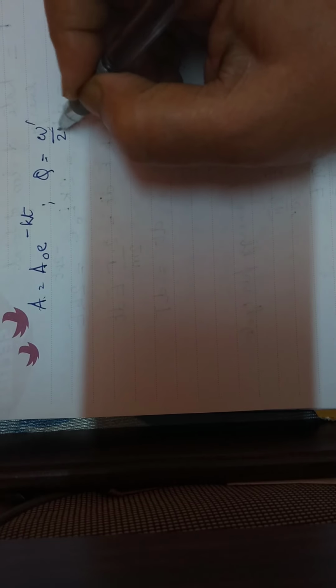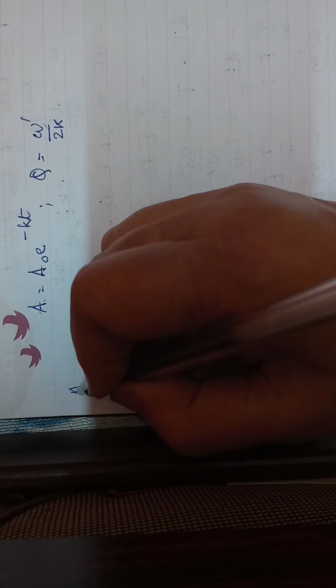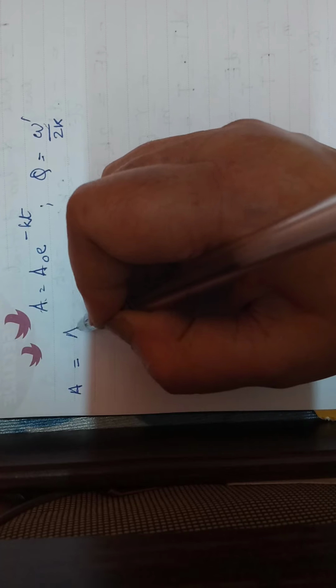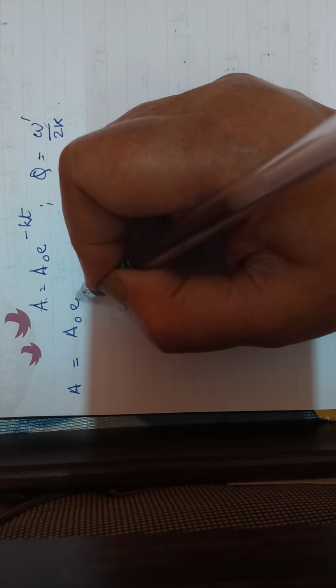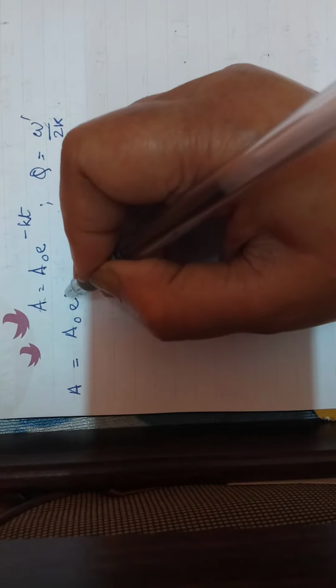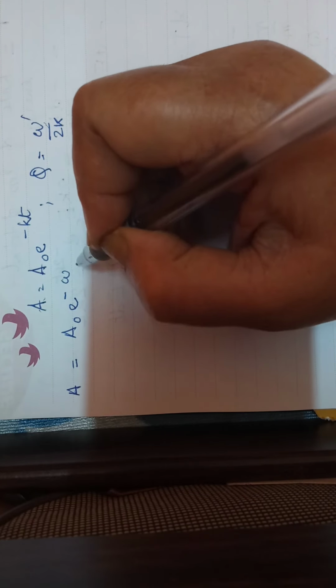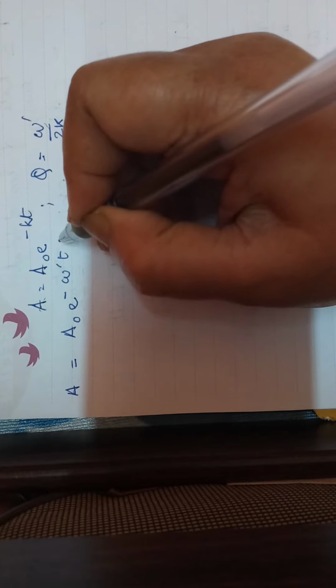Now, since we know that A is equal to A0 e to the power minus kt and Q is equal to omega prime by 2k, therefore, we can write A equal to A0 e to the power minus omega prime t by 2Q. We can write this, okay?